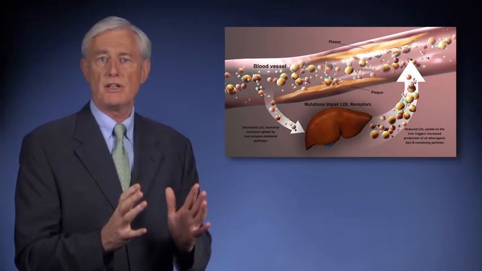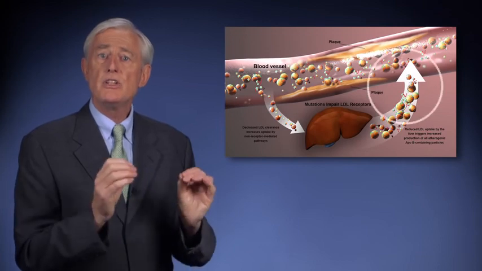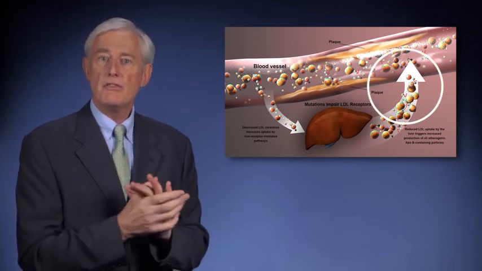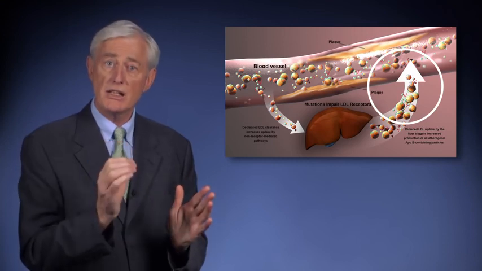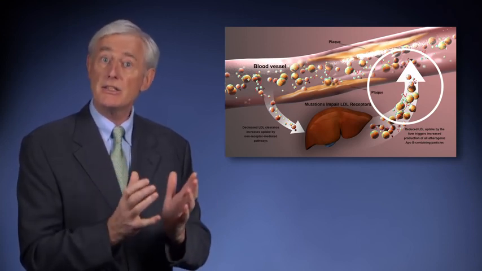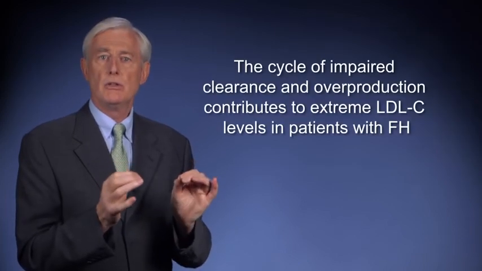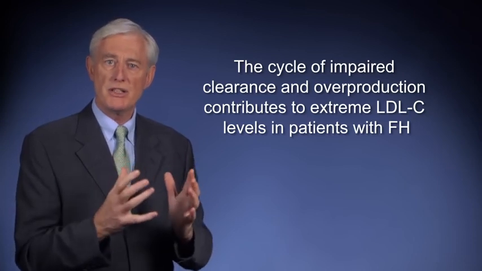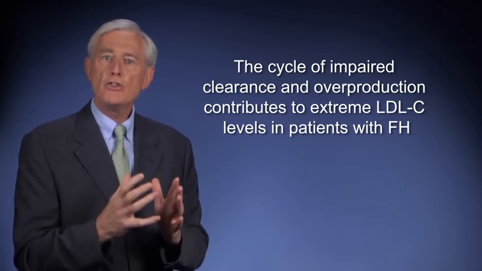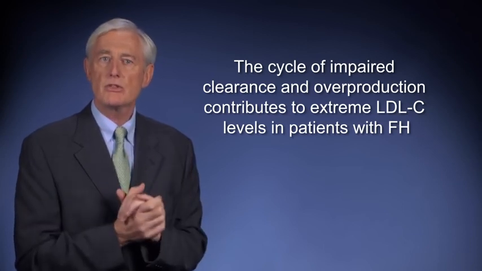This influx of cholesterol is not homeostatically regulated and results in overproduction of ApoB containing lipoproteins by the liver, including VLDL, LDL and lipoprotein(a). This cycle of impaired clearance and overproduction of ApoB containing lipoproteins contributes to extreme LDL cholesterol levels in patients with FH.